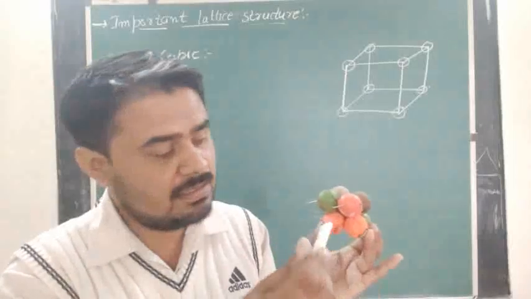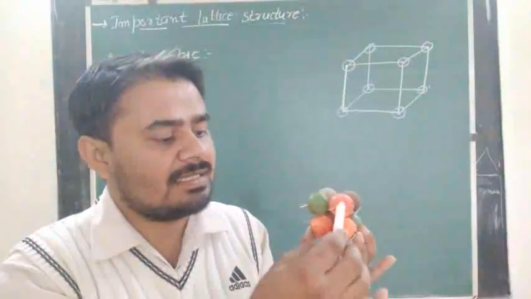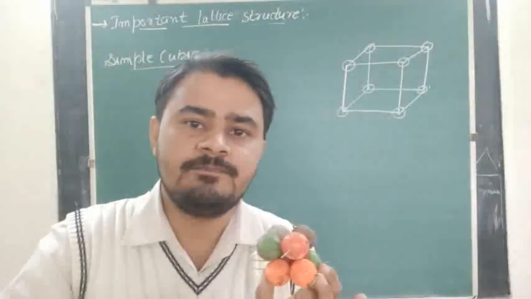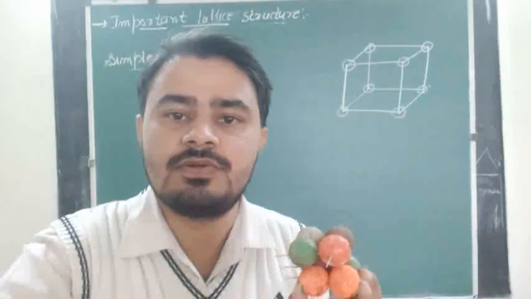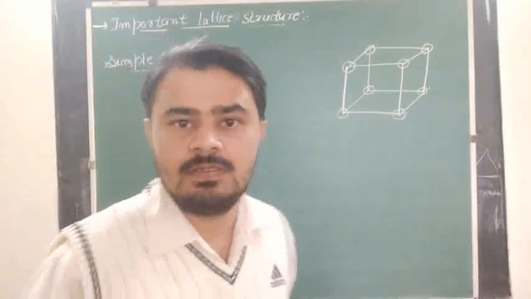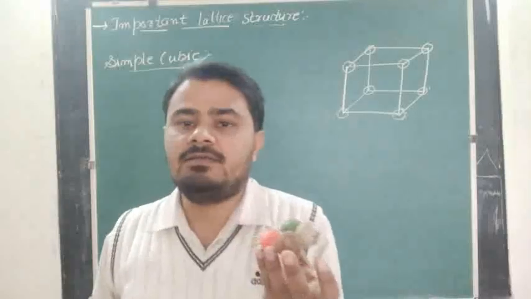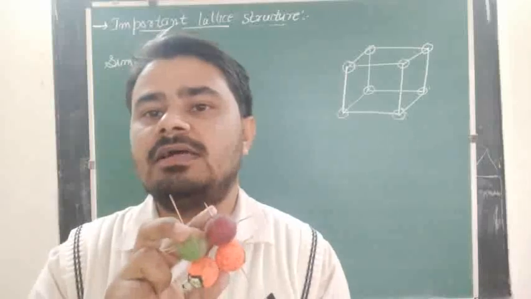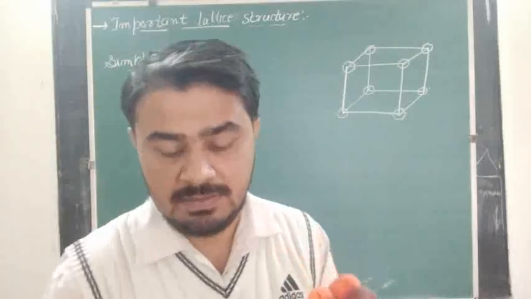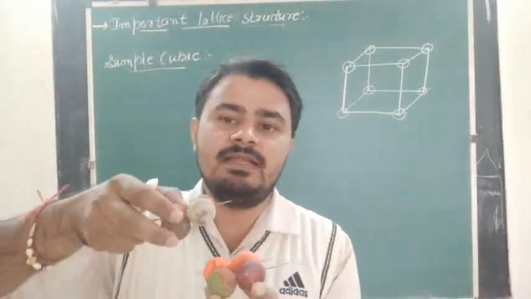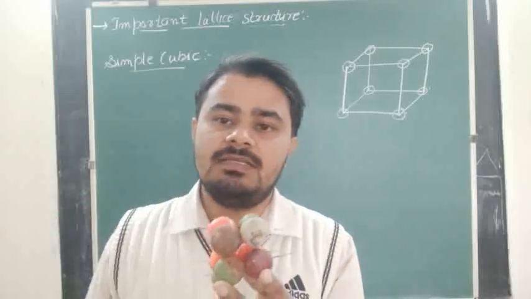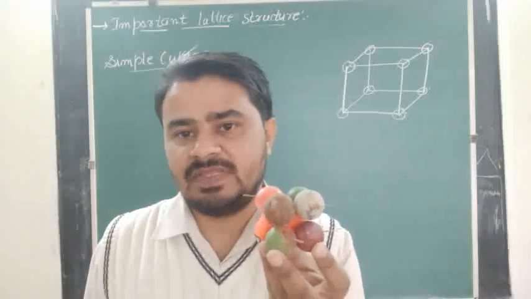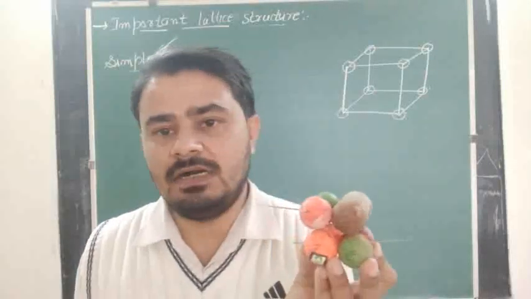In actual case, the corner atoms are touching each other. This is one layer of the atoms, and this is another layer of atoms. When I place one layer of atoms on the other layer of atoms, then this becomes a unit cell, that means the shape of a cube.